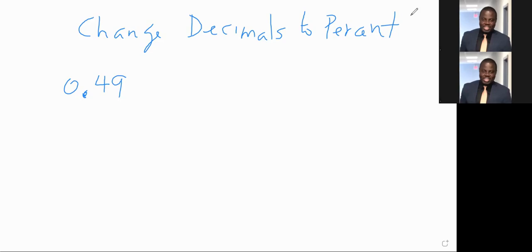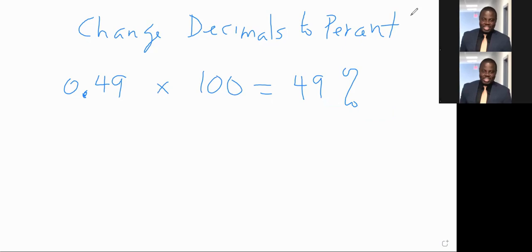To change this to percent, all that you're going to do is multiply this decimal by 100. Multiply by 100. If you put that in a calculator, that gives you 49, and then you add your percent sign to it.